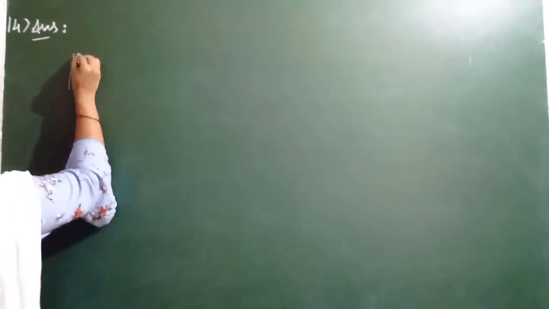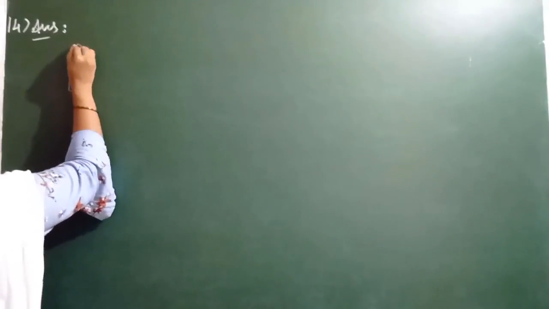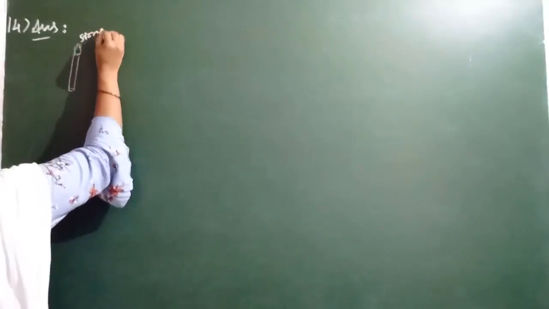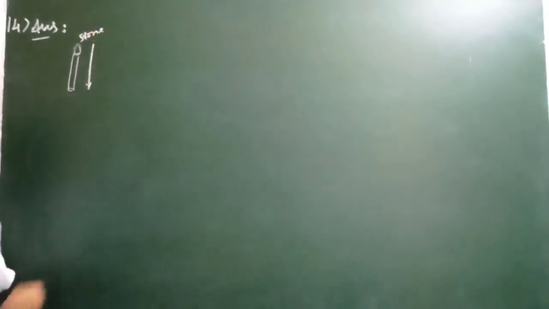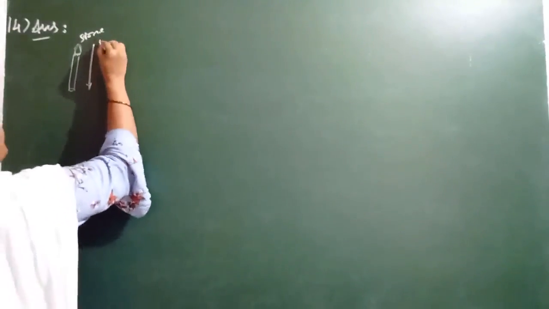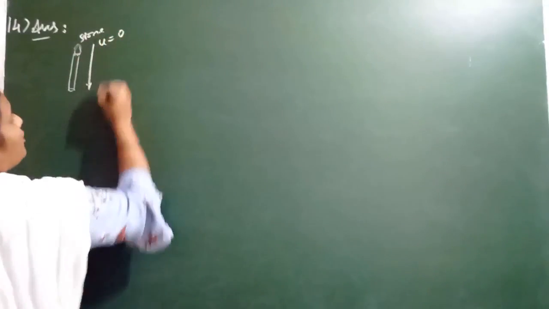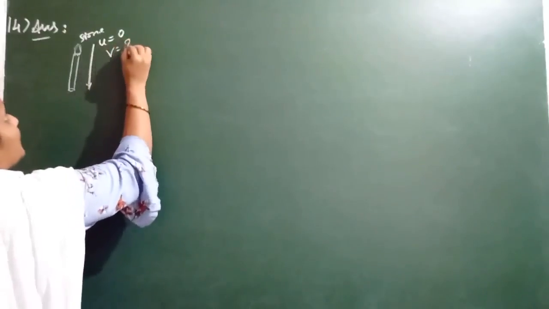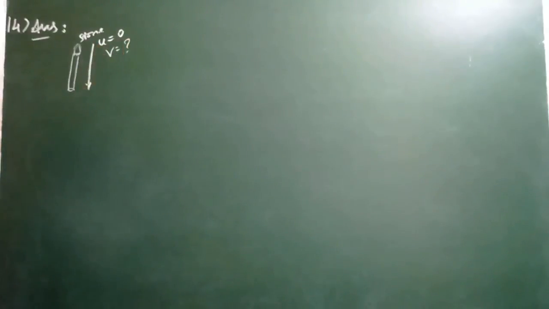For example, imagine, children, this is a tower, isn't it? From here the stone is going to be dropped vertically downward. Since it is moving towards the earth, there is no change in the sign of acceleration due to gravity. So at this point its velocity will be 0. They asked us to calculate its final velocity.